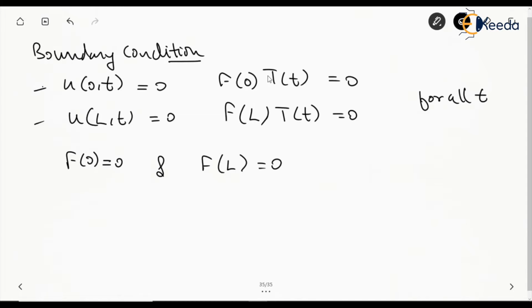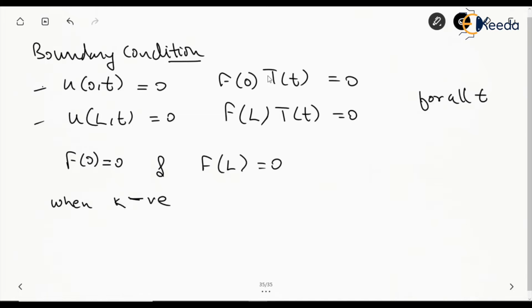So if you check the three conditions we have discussed in the wave equations, we will see that the only possibility to satisfy all these conditions is when k is negative.